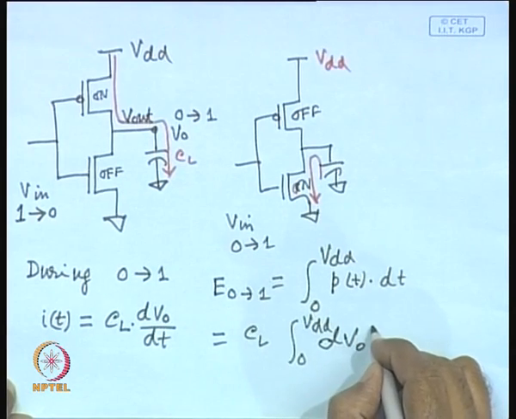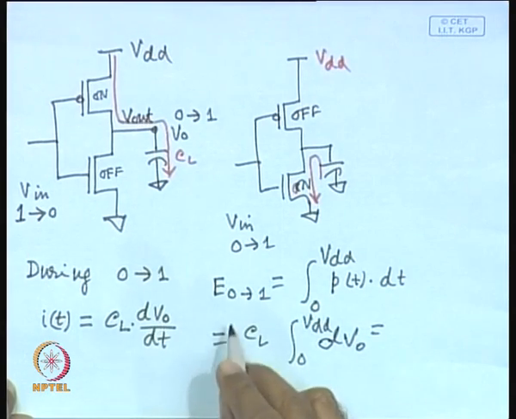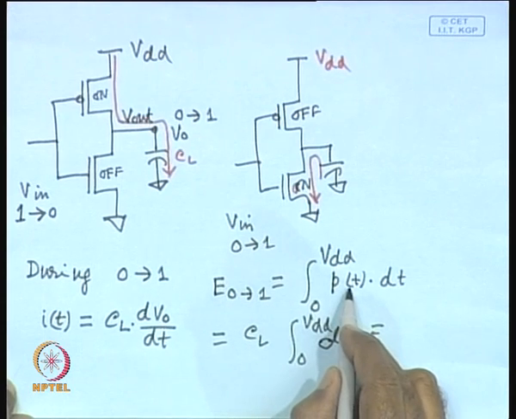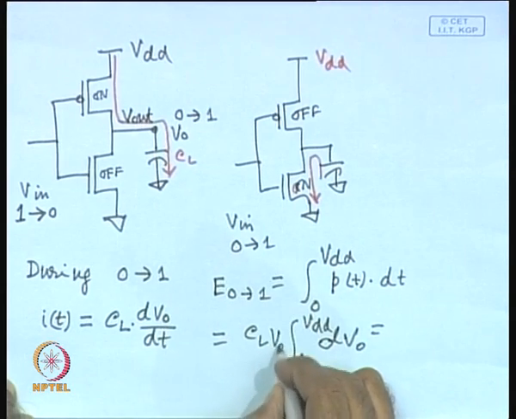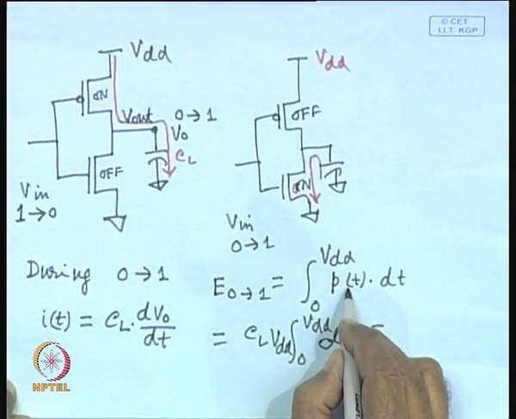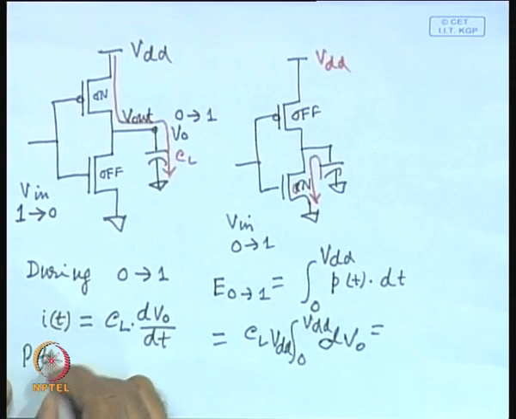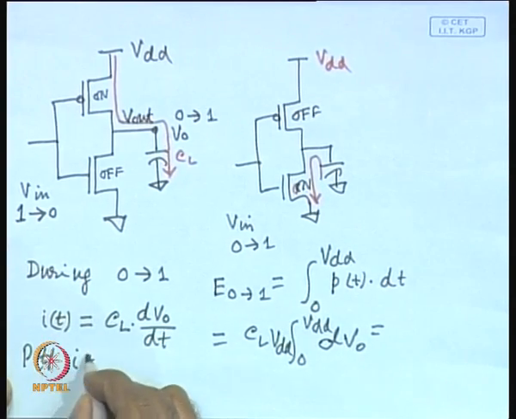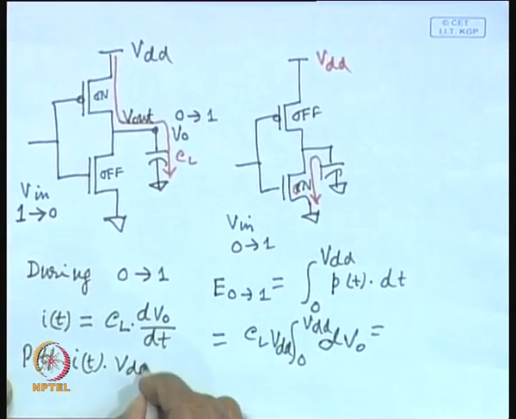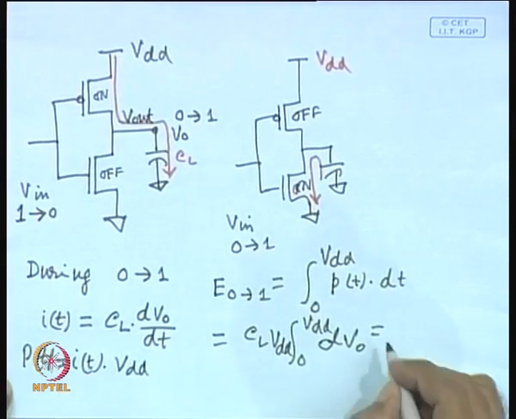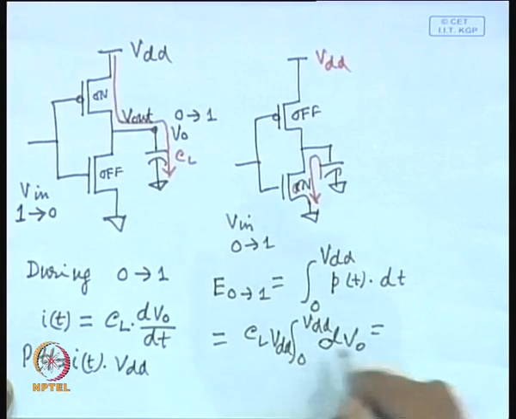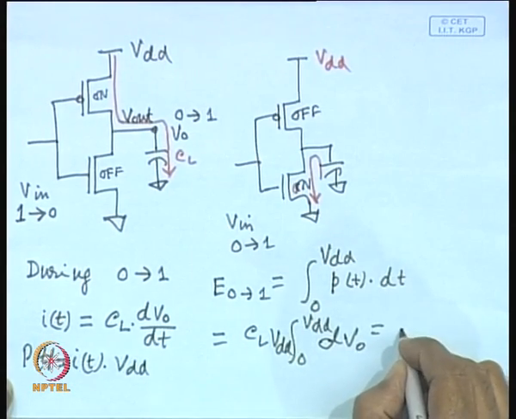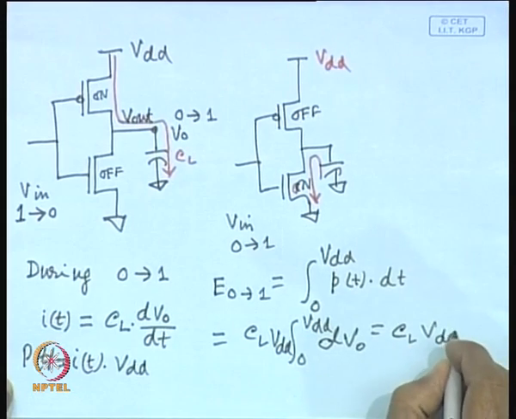But power is voltage into current, that we have missed here. So there will be a VDD factor. P(t) is equal to i(t) into VDD. This is the power dissipation. So VDD will be a factor here. So if we evaluate this, this will become CL VDD square.